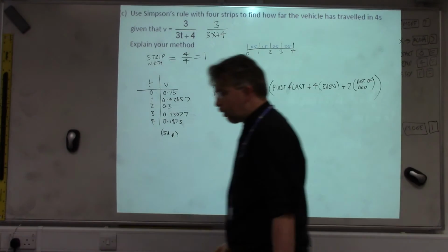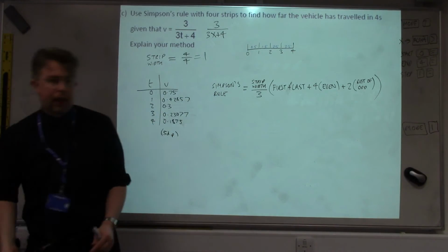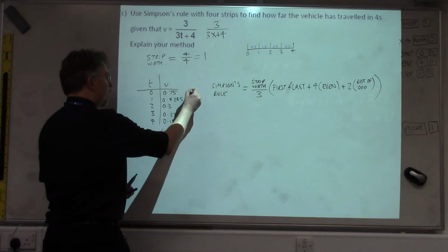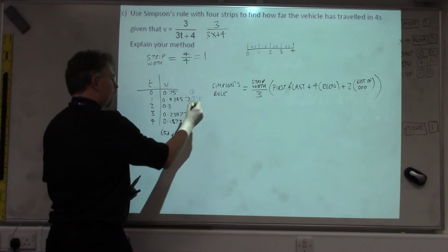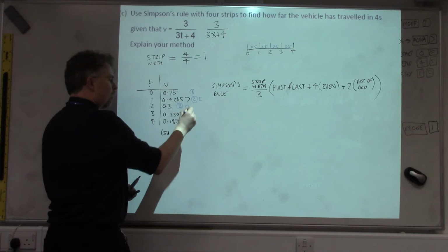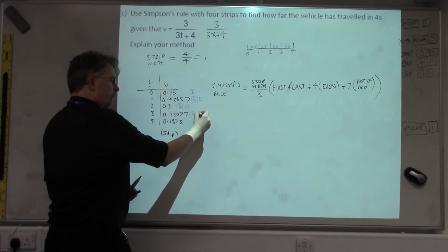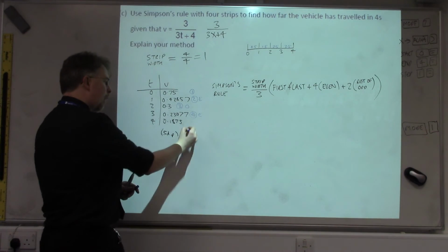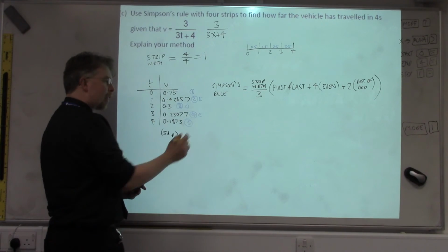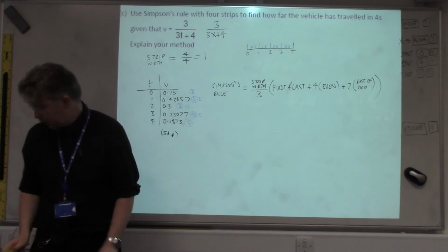And by that we're talking about position, as we have been in the other sections. So that's the first, that's the second, so it's even. That's the third, so it's odd. That's the fourth, so it's even. And that's the fifth, that's the last, so we don't count it in the rest of odd.